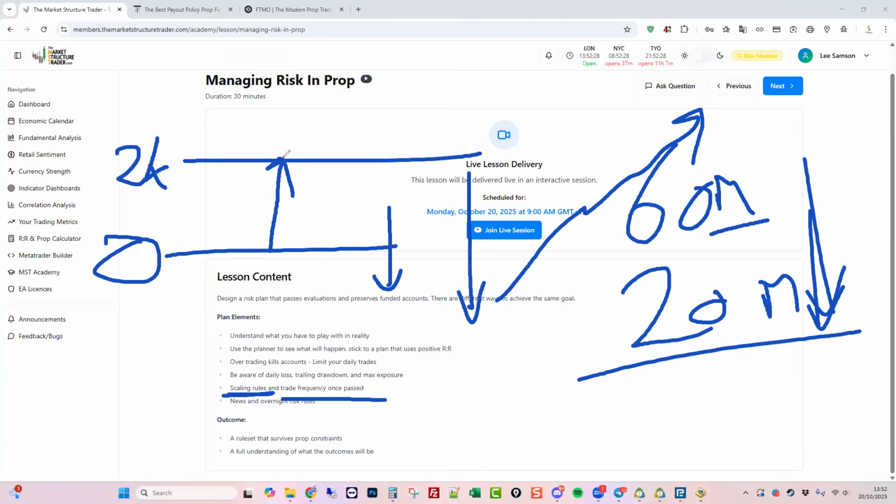Now, what we've got to do is get over that, because what most prop firms will want you to do is leave a buffer zone above the starting balance. So let's say this is 100K, and an initial target of say 2K or 3K or whatever that may be.